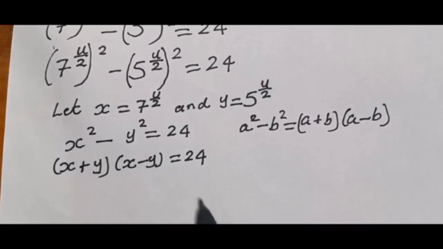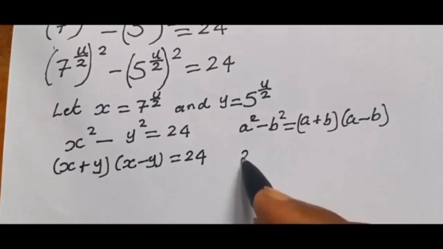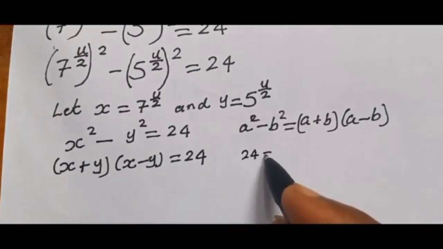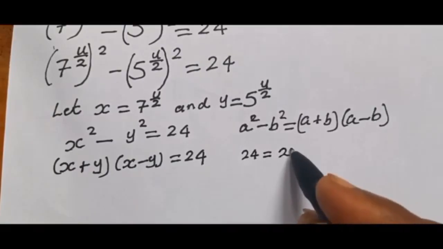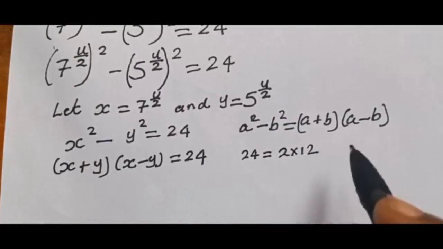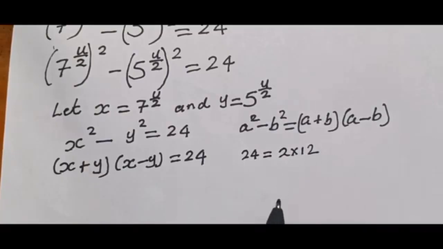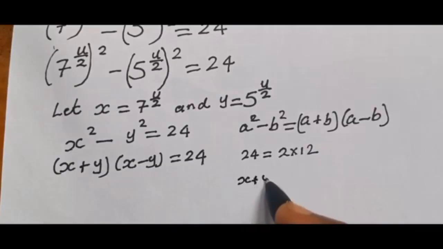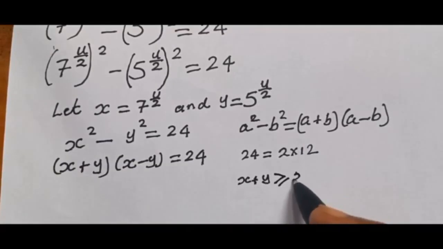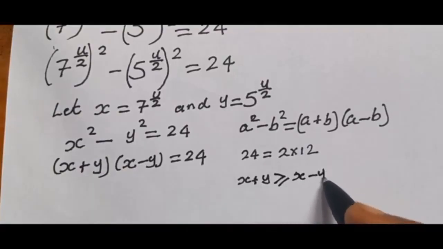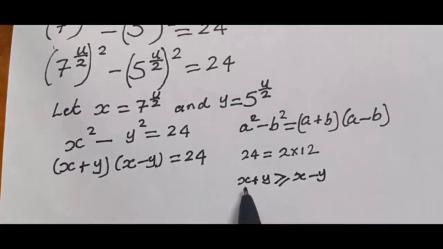So in our case here, 24 is 2 times 12. 2 times 12, we get 24. Bear it in mind, in our case here, x plus y should be greater than or equal to x minus y. That is, the value of x plus y should be 12 because this one is greater.